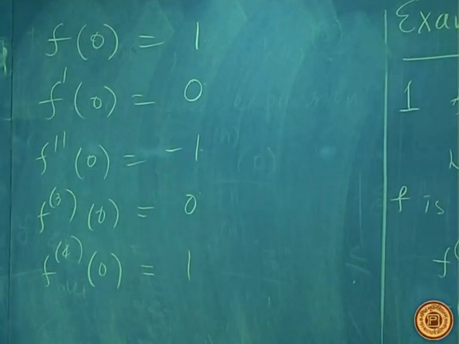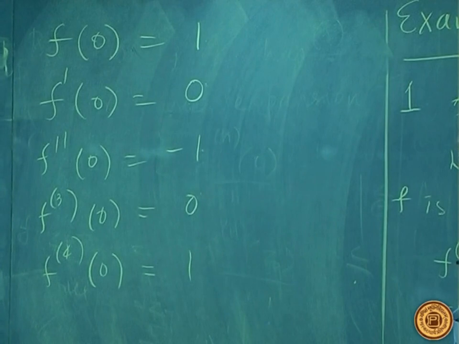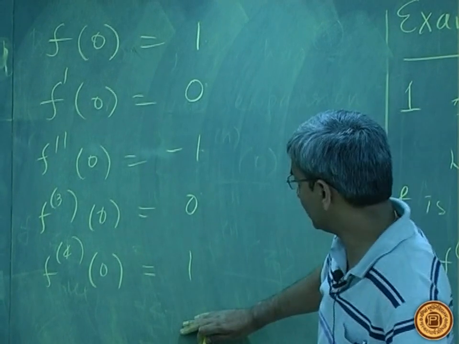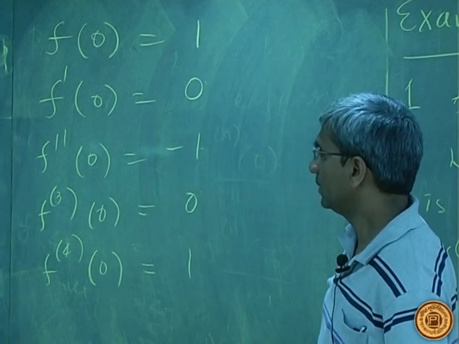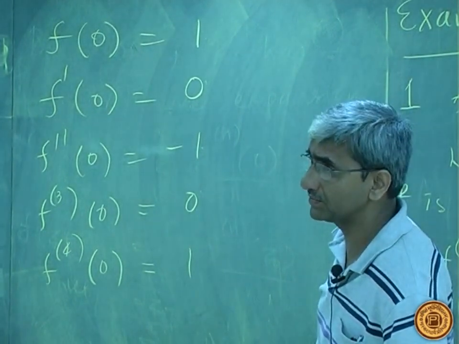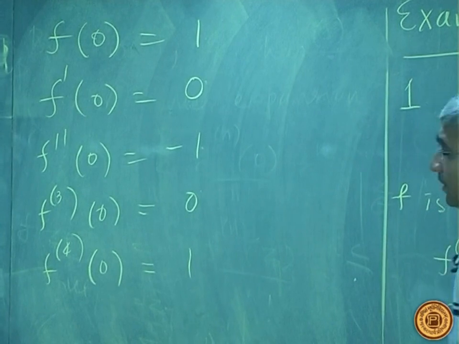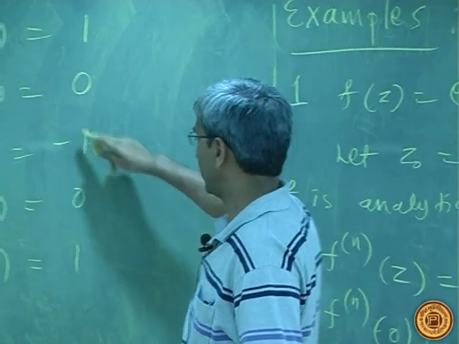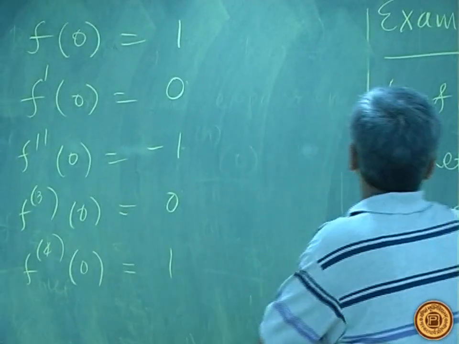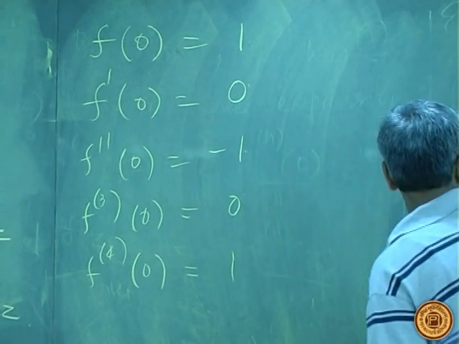So the fifth will be 0, the seventh will be 0, so odd coefficients will be 0. There won't be any odd powers of z, and the even powers will have alternate signs: first 1, minus 1, 1, minus 1. So it is clear what the Maclaurin series will be.